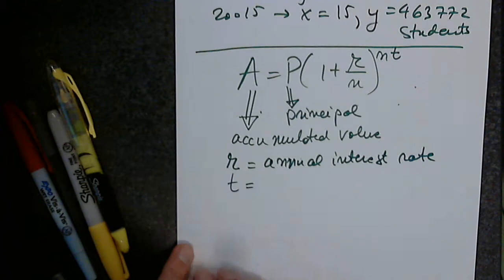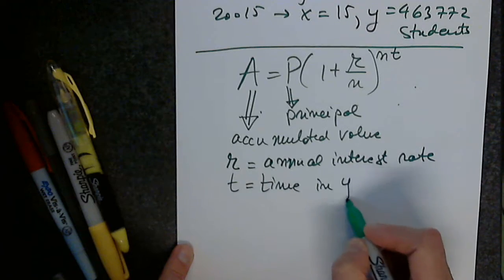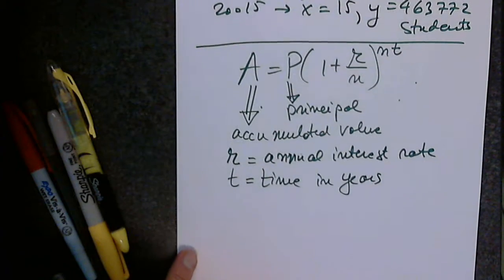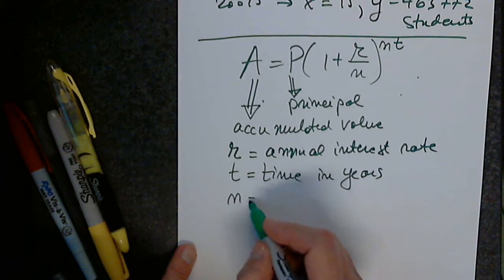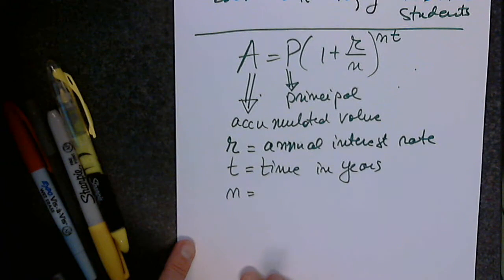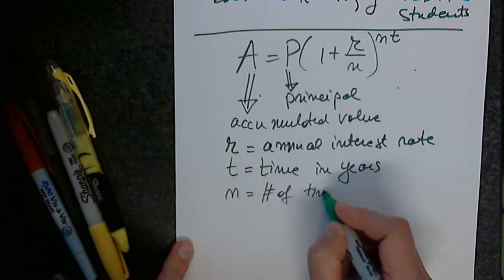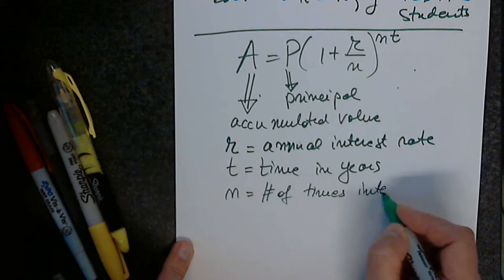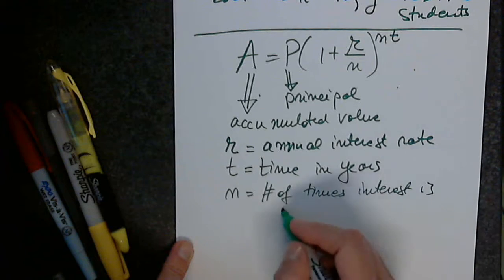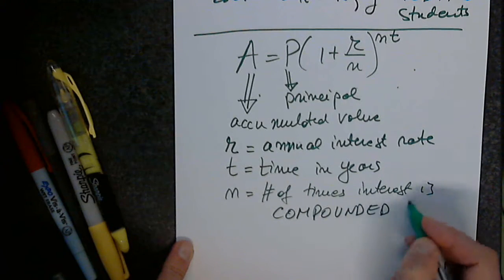Little t is time in years. And lowercase n is the number of times we compound the interest per year.